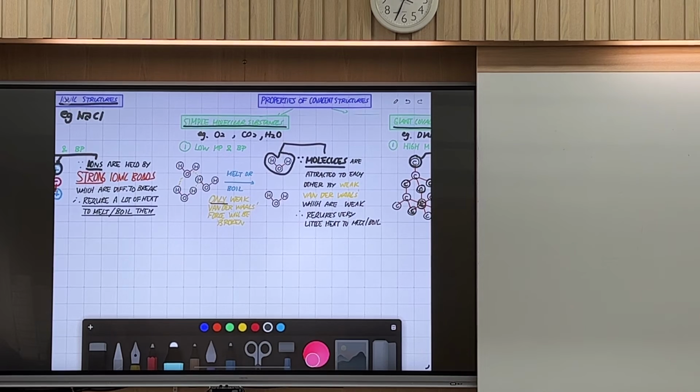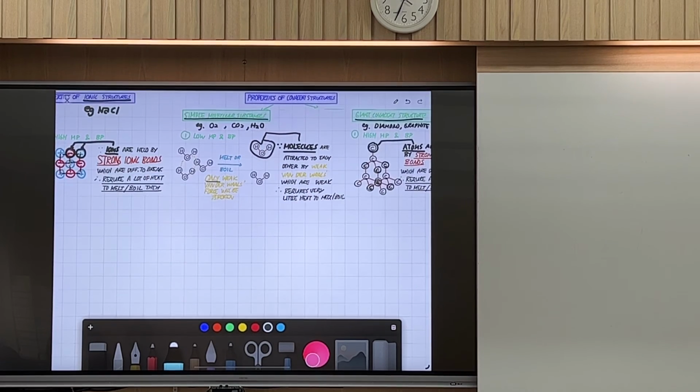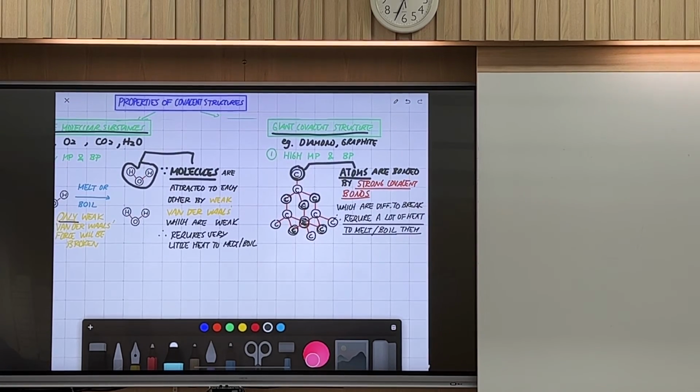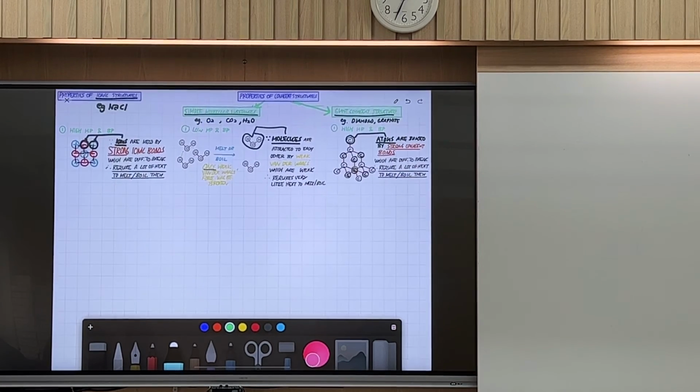You have ions, whenever you talk about ionic compound. You have molecules, whenever you talk about simple molecular substance. And you talk about atoms, when you refer to giant covalent structure. Now the second property is the electrical conductivity.